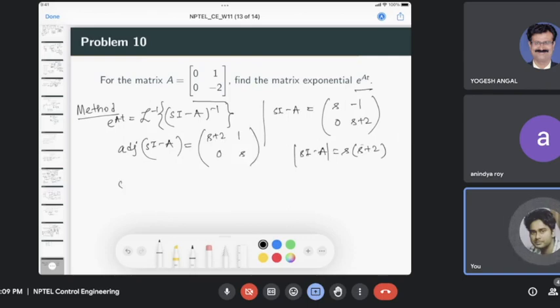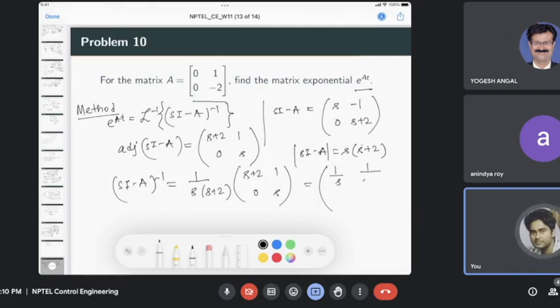Then (sI minus A) inverse is the adjoint divided by the determinant. So it is 1 by s into s plus 2, times s plus 2, 1, 0, s. So it is equal to 1 by s, 1 by s into s plus 2, 0, 1 by s plus 2.